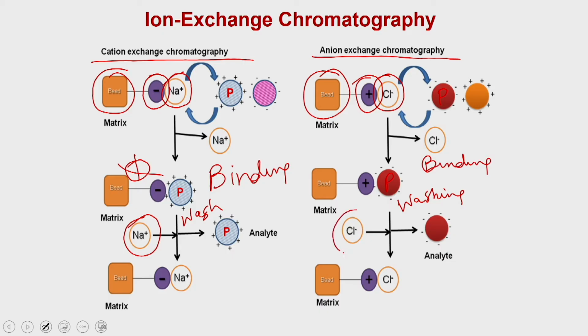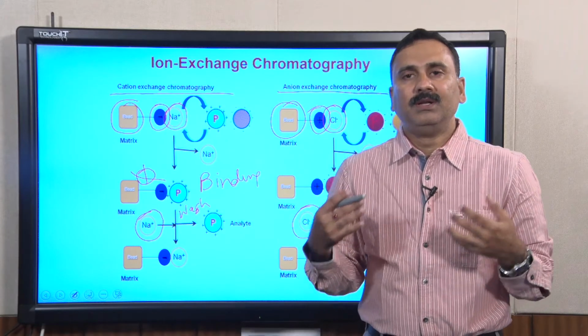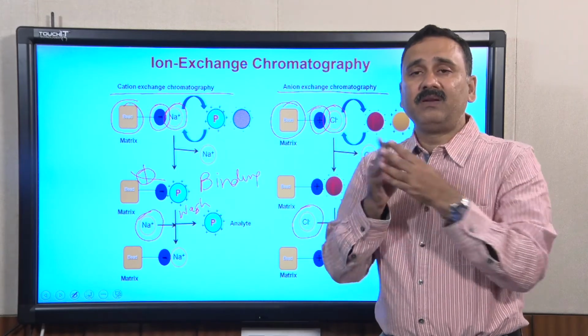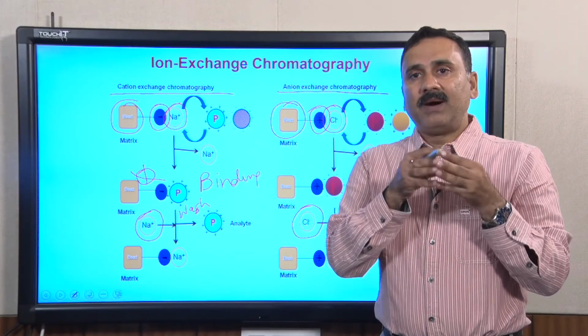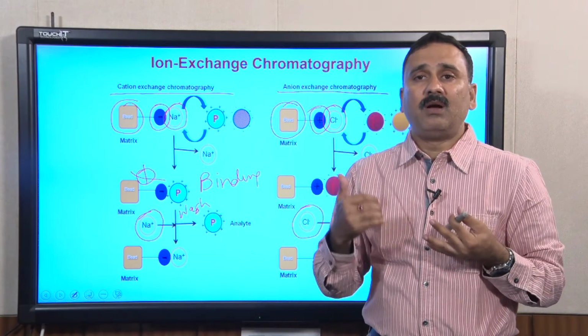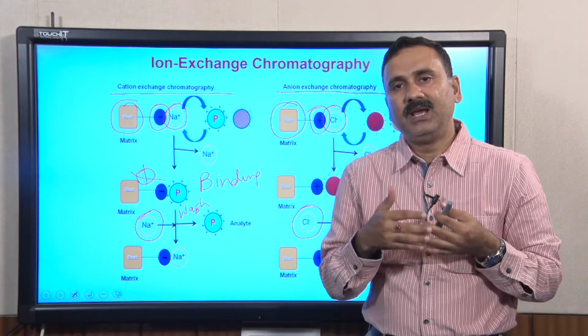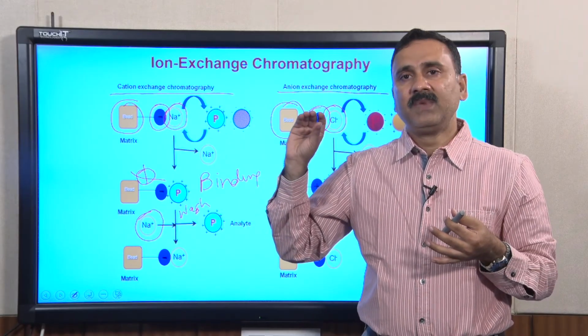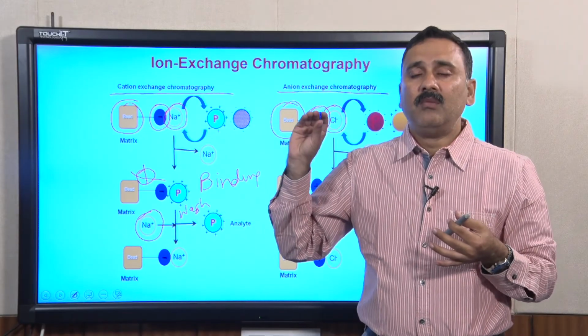Afterwards, you will put in a competitive anion, and that competitive anion is going to replace the protein, and this replacement is also going to correlate with the amount of negative charge present on that particular protein and its affinity for the matrix. So, by this, the cation or the anion exchanger can be used to purify a protein with the help of the negative or positive charges present on the proteins.